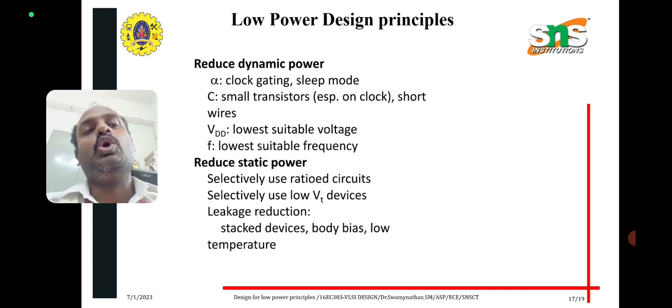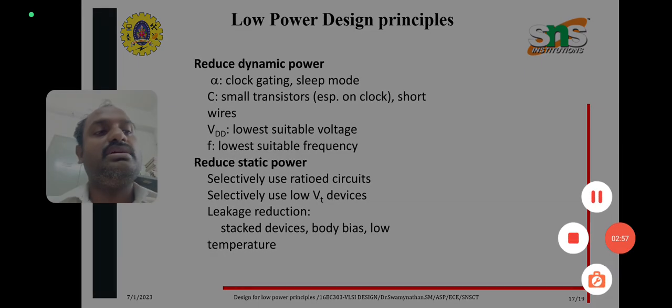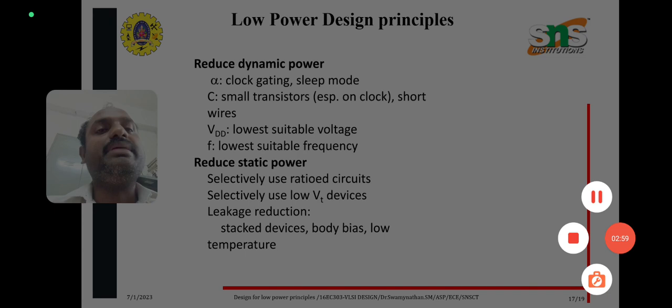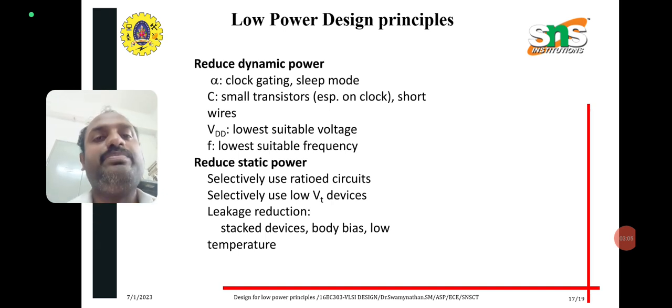Low power design principles are very important for low power VLSI design. First, consider the dynamic power reduction methods. Alpha: clock gating when the device is in sleep mode. C: small transistors, especially on clock transistors or short wires.